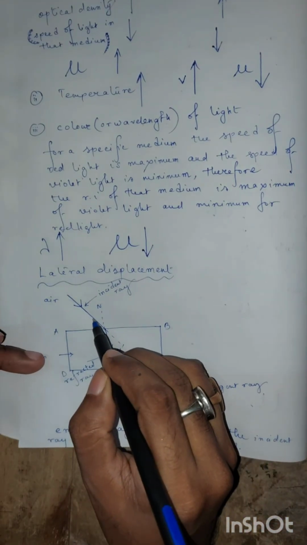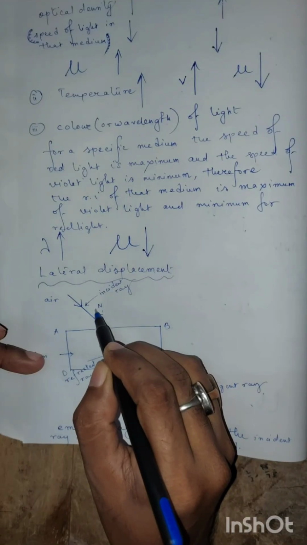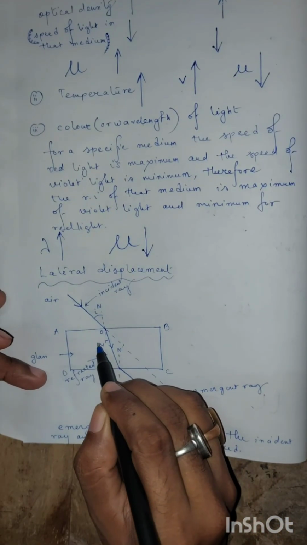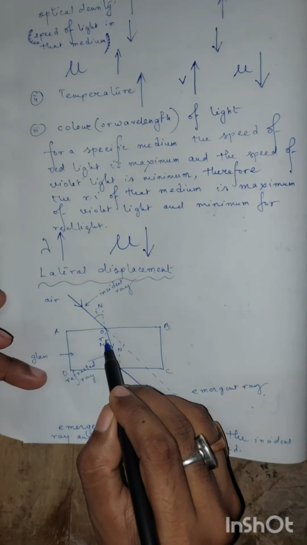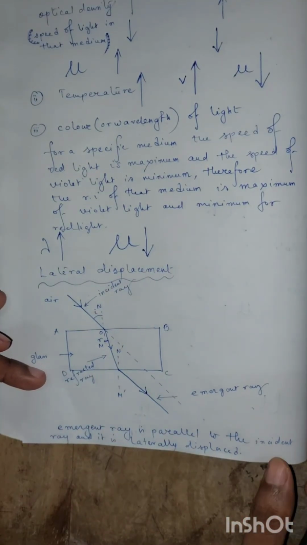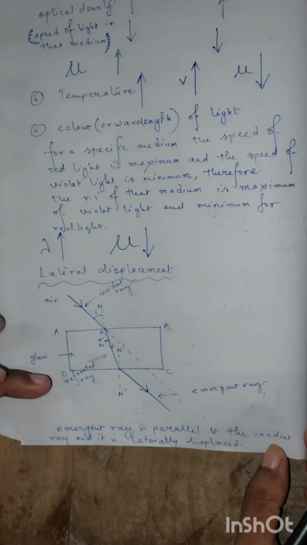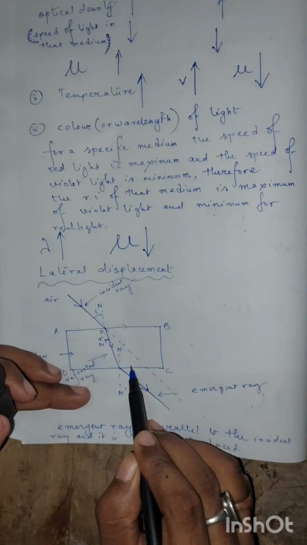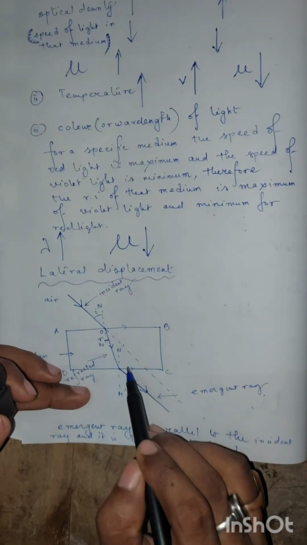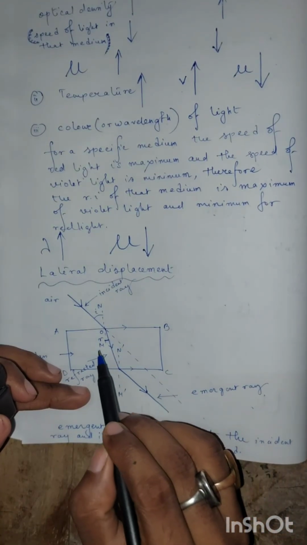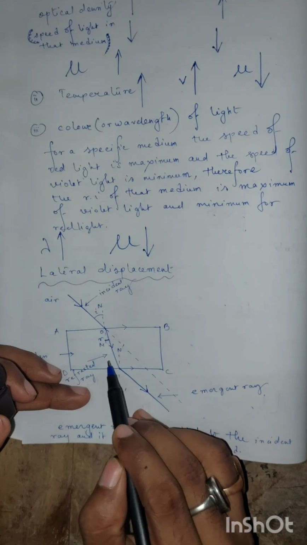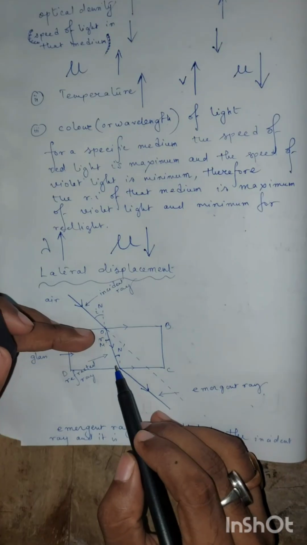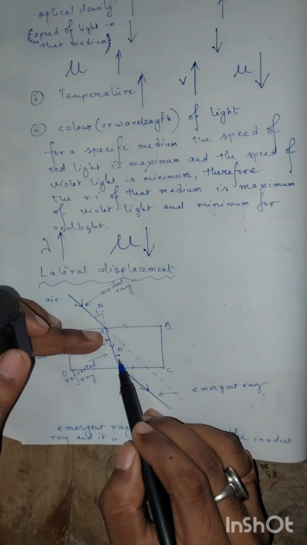Now this is our angle of incidence. This is our angle of refraction. I hope it is clearly visible. And as these two faces are parallel, and this is our transversal, these two angles are alternate angles.